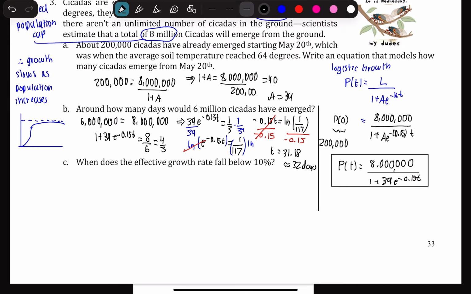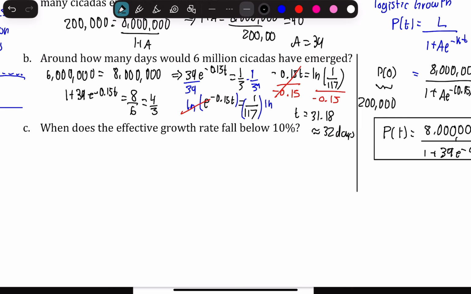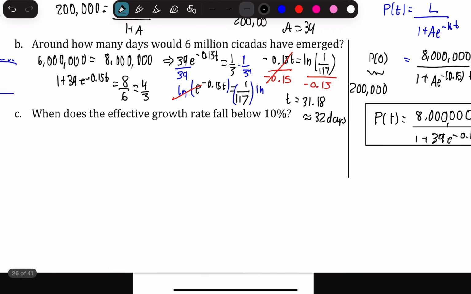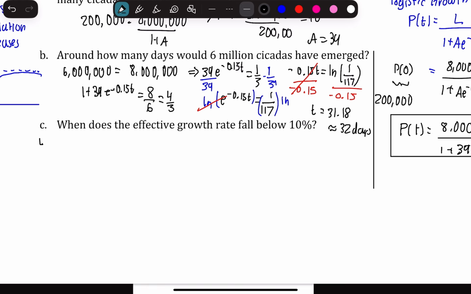So now let's do our last question. When does the effective growth rate fall below 10%? So the effective growth rate formula is for logistic growth. For logistic, the rate is equal to k times 1 minus P over L, and we have to set it equal to 0.1.